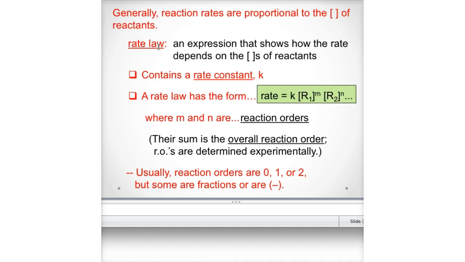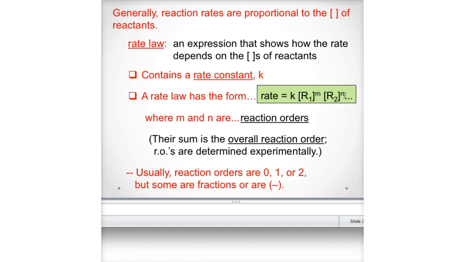The rate law has the form of this. So rate is equal to this constant times the concentration of the first reactant to the m power times the concentration of another reactant, if present, to the n power. We learned that m and n are not coefficients.